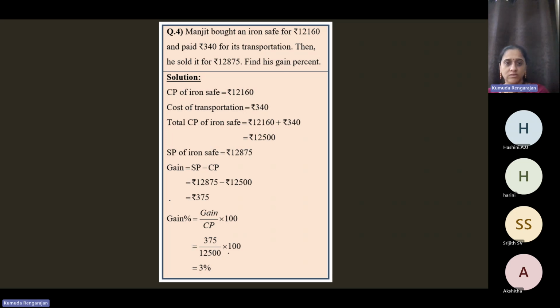Sure, all of you understand this? So, whatever transportation, whatever overhead charges you incur, you should add it to the cost price.